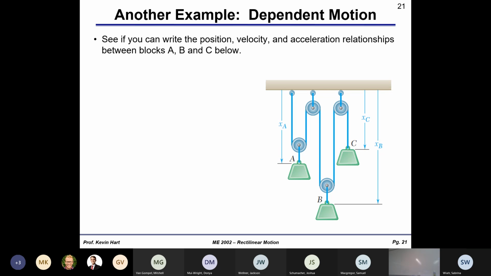Did you do any of this dependent position stuff in physics class in high school or anything like that? No, not like this? Okay. So the classic pulley problem. Did they teach you a different method to do it? Oh, they gave you the relationships from the book? Oh, okay. So you didn't really have to derive the relationship.